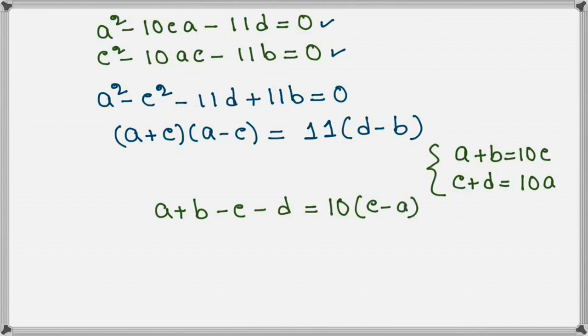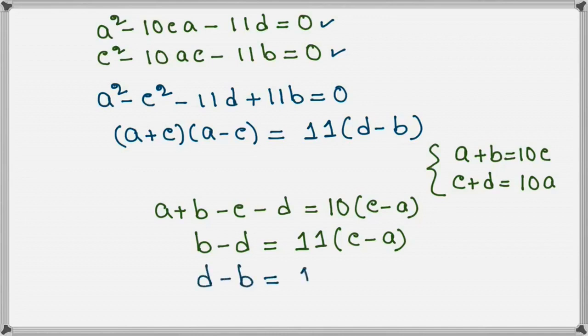That means we have b minus d is equal to 11 into (c minus a). So let us write it in this form: d minus b is equal to 11 into (a minus c).